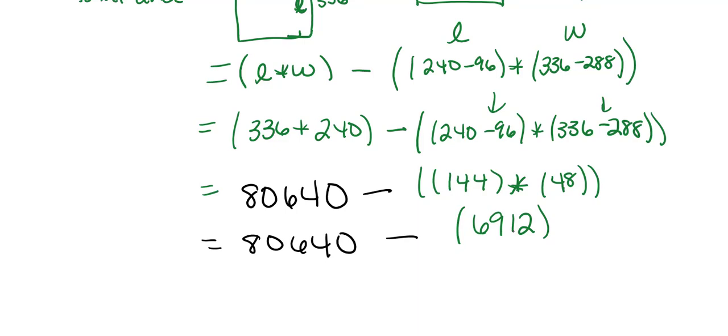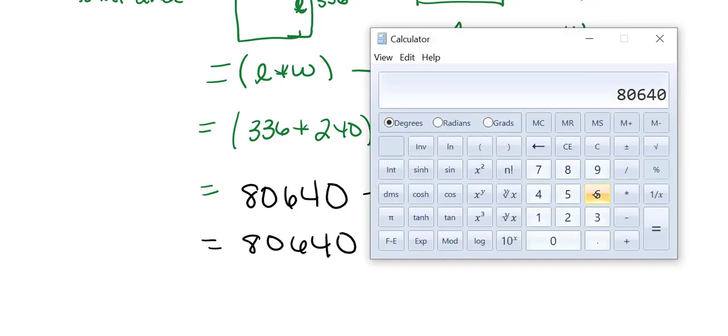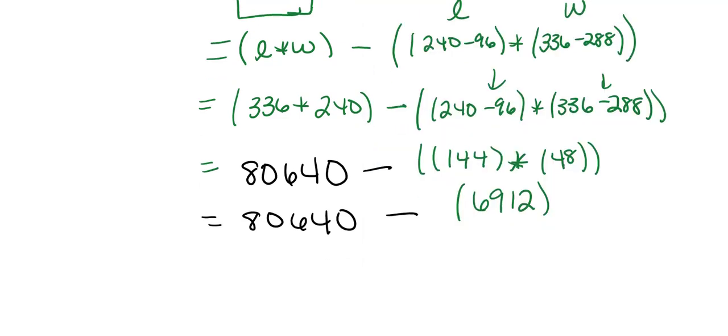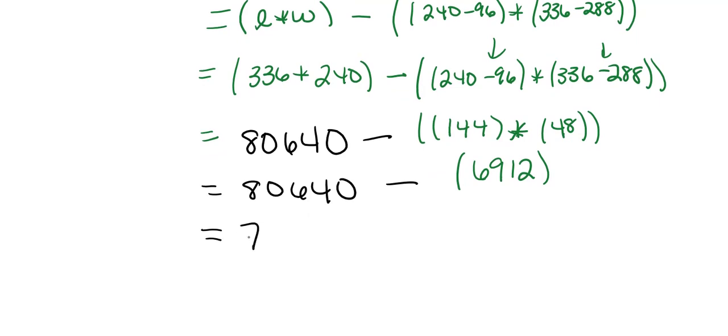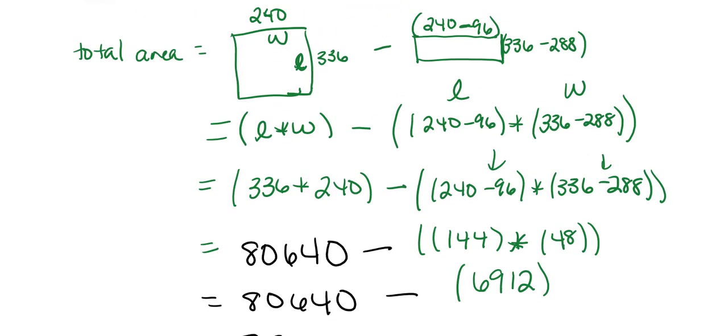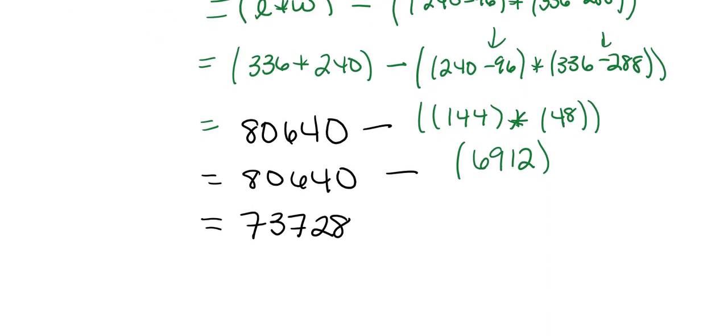So we have 6,912 that we need to subtract from it. So what do we get? We get 73,728. And this is also square meters. So it's area, so we have the same square here, but it's in meters this time.